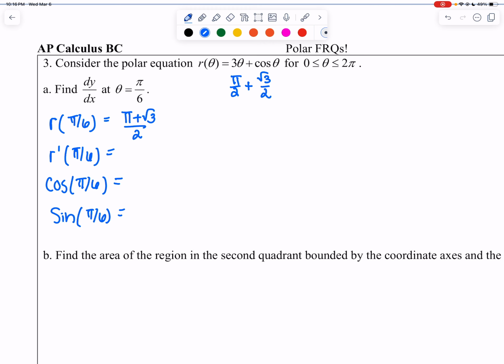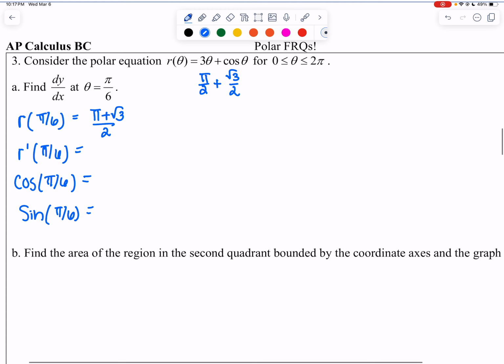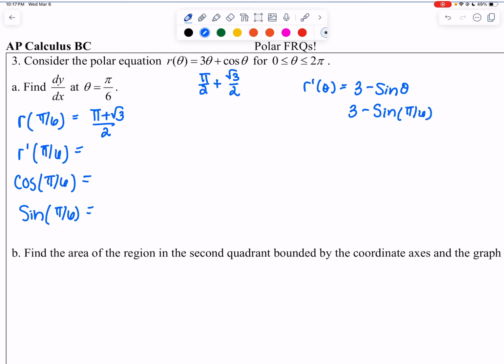Now, r prime of pi over 6, I've got to take the derivative of that. That is going to be 3 minus sine of theta. If I plug in sine of pi over 6, that's 1/2, so that's going to be 2.5, which is 5/2. All right, and we know that cosine of pi over 6 is root 3 over 2, and sine of pi over 6 is 1/2.